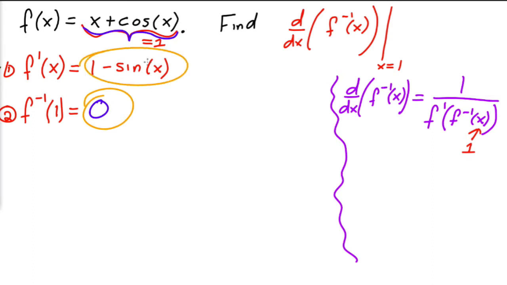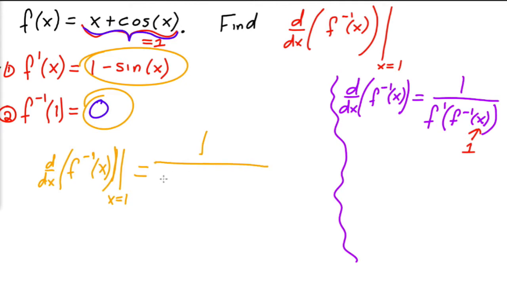So then I've got that the derivative of f inverse of x evaluated at 1 is equal to 1 over f prime. Let me do it in two steps.